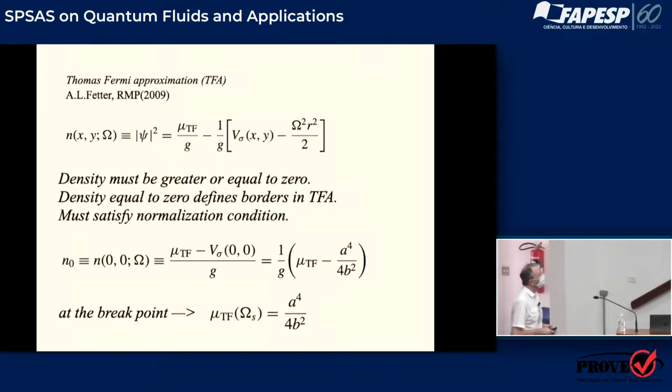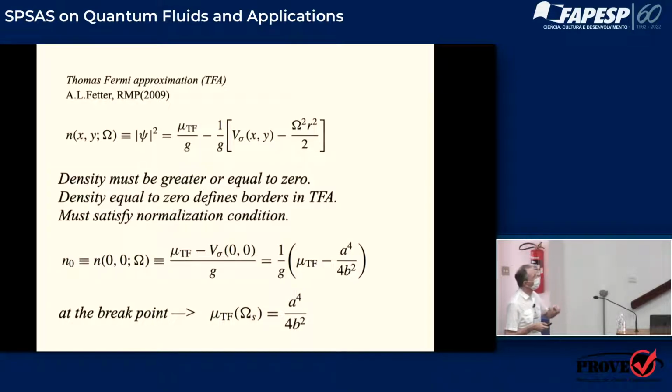So for analyzing this, we make a Thomas Fermi approximation. This is a special kind of Thomas Fermi approximation. In the Thomas Fermi approximation, usually you just drop out the kinetic energy.